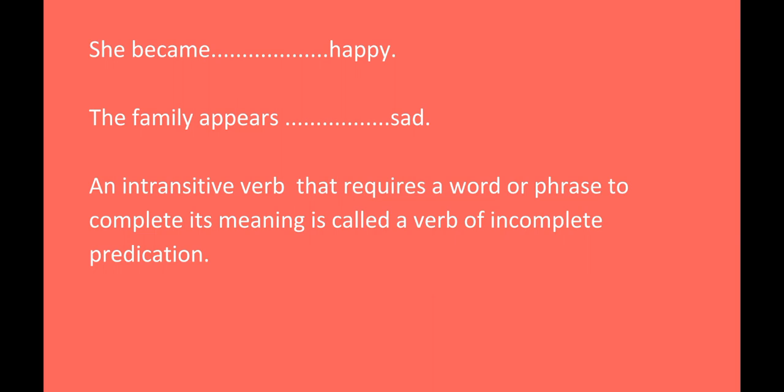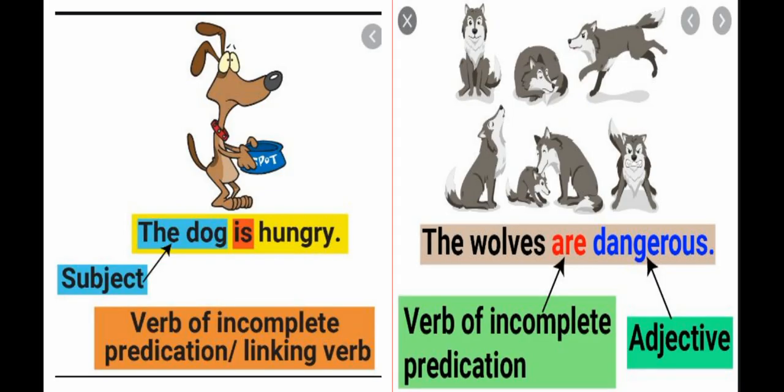The verb becomes complete. Other examples are: she appears sad, she is talented, she seems happy. Okay children, so it can be defined as an intransitive verb that requires a word or phrase to complete its meaning is known as verb of incomplete predication.